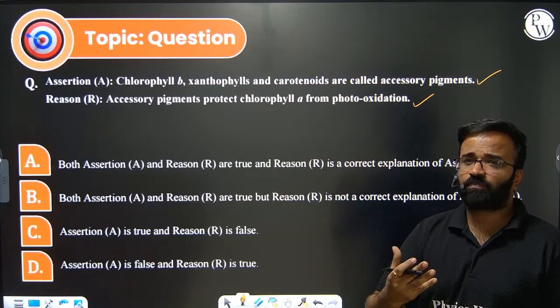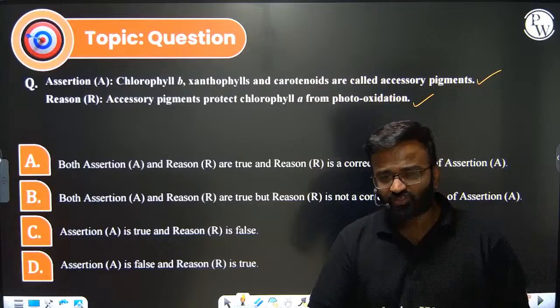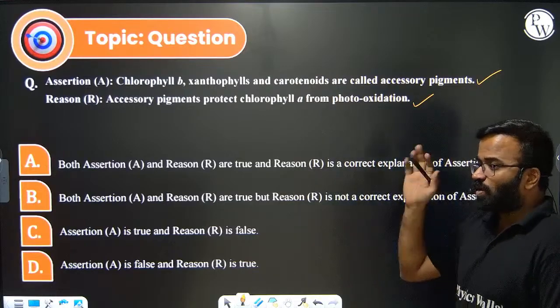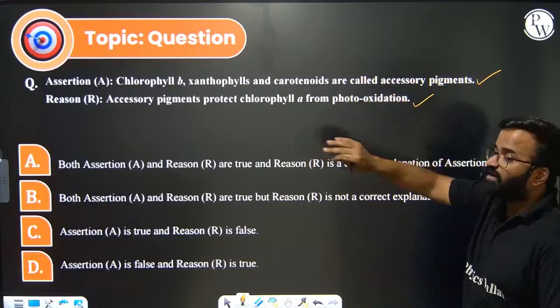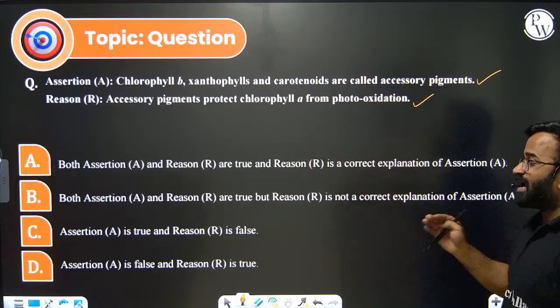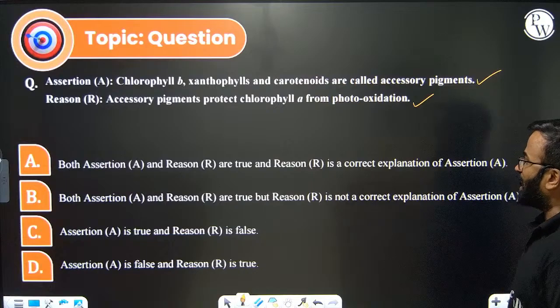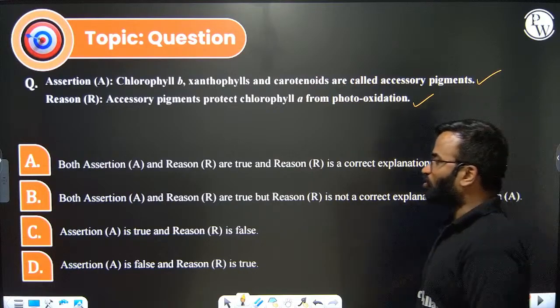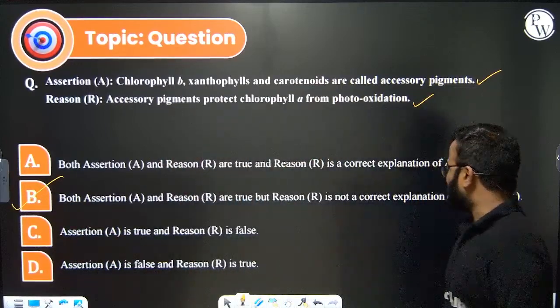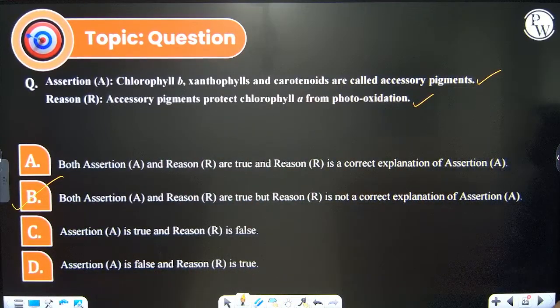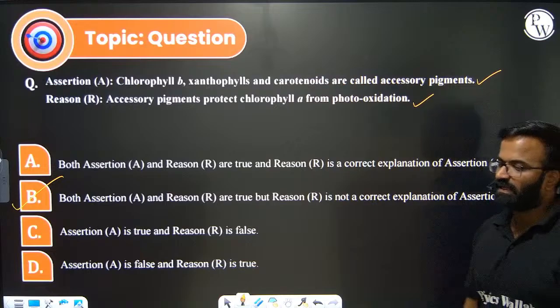These pigments will play a subsidiary role. That's the reason why they are called accessory pigments, which is not being explained by the reason, but as a statement it is true. So the answer is B, both are true, but it is not the correct explanation.